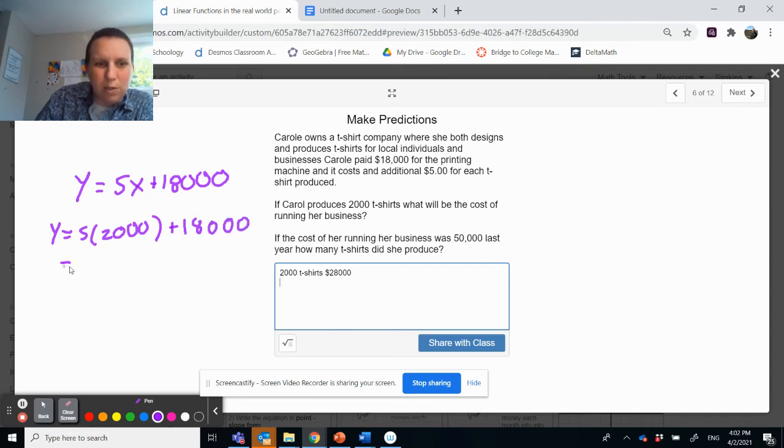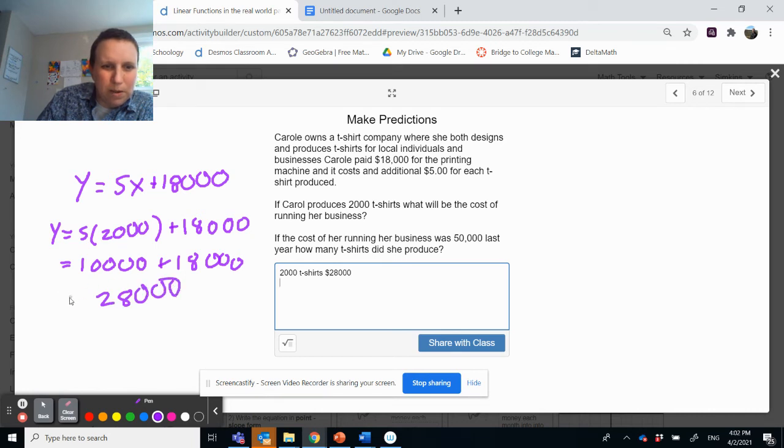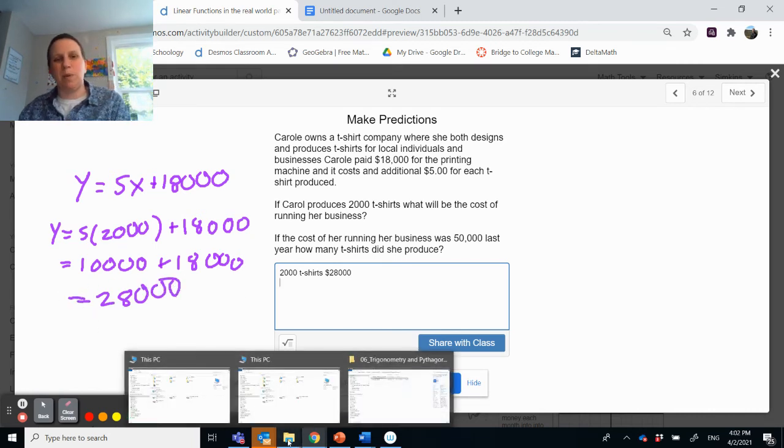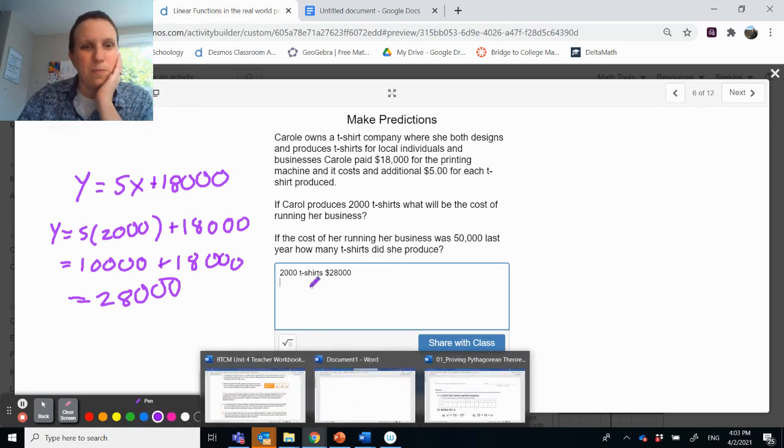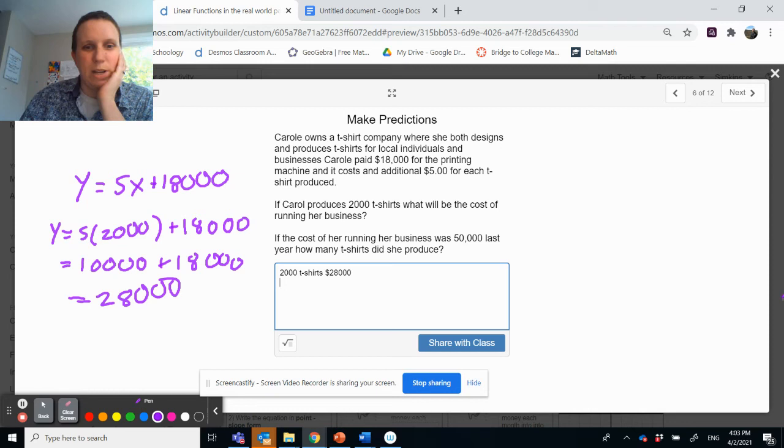Five times 2,000 is 10,000. 10,000 plus 18,000 is 28,000. Okay, so I got the same answer by plugging it into the equation as I did using the graph.